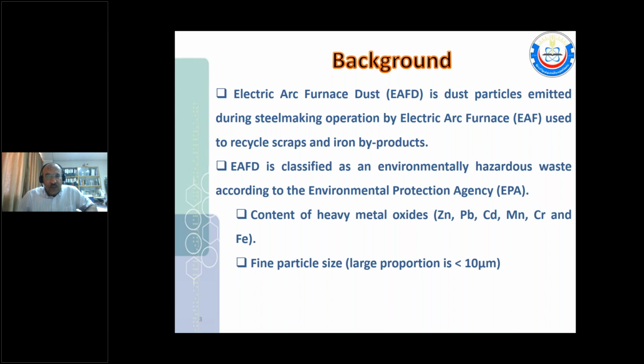This dust is very fine matter. It is classified as environmentally hazardous waste, and it contains high concentrations of heavy metals like zinc, cadmium, lead, manganese, etc., in addition to the high content of iron. Normally a large proportion of the particle size of this dust is less than 10 micrometers.